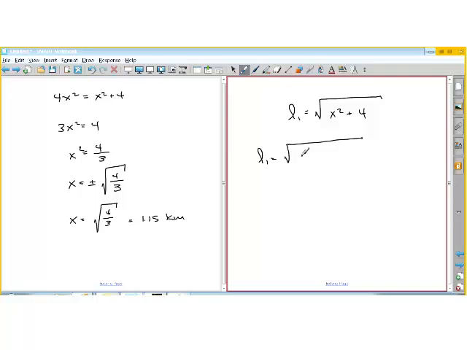So L1 is equal to the square root of 1.15 squared plus 4. So we square that, add 4, take the square root. So it's 2.3 kilometers. And L2 is equal to 4 minus x. So we get 4 minus 1.15. And so we get 2.85 kilometers.